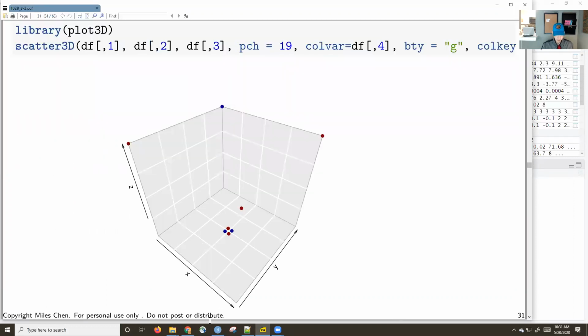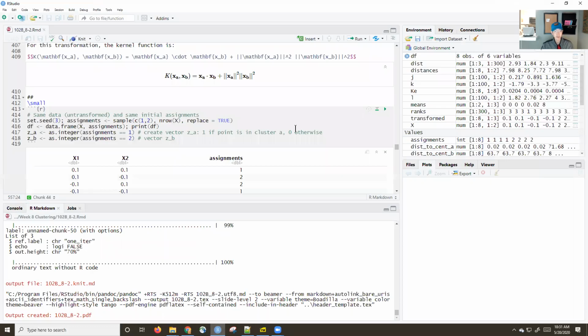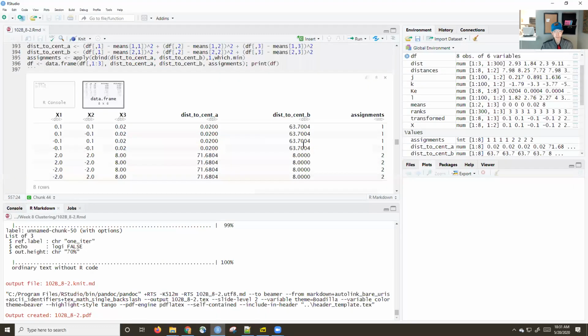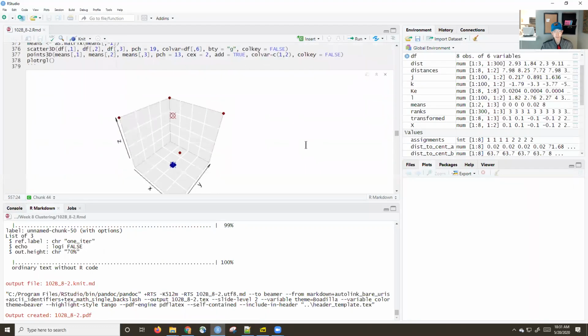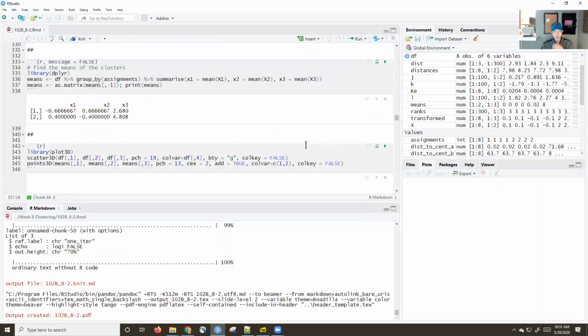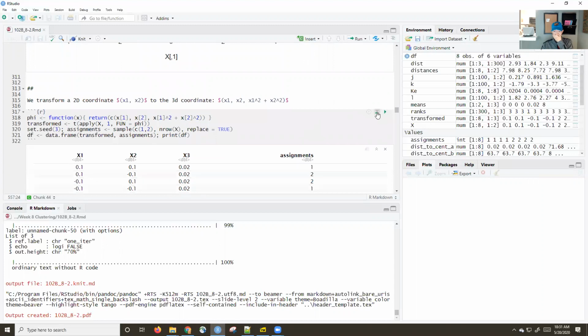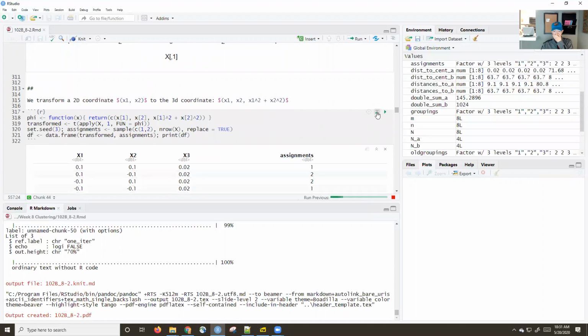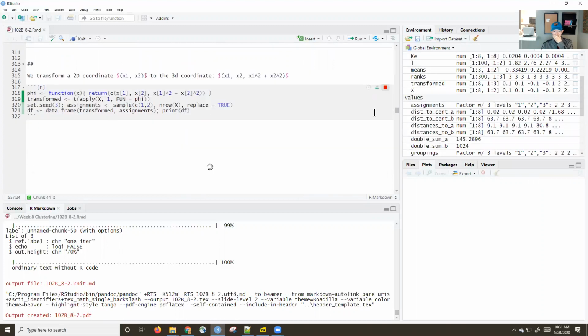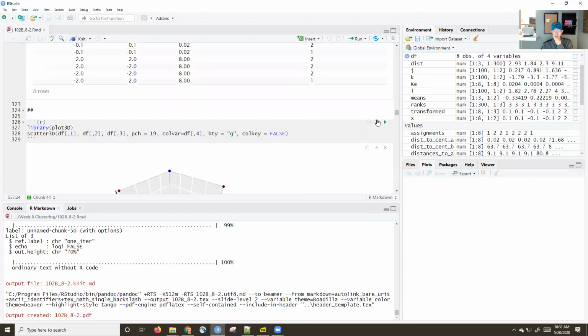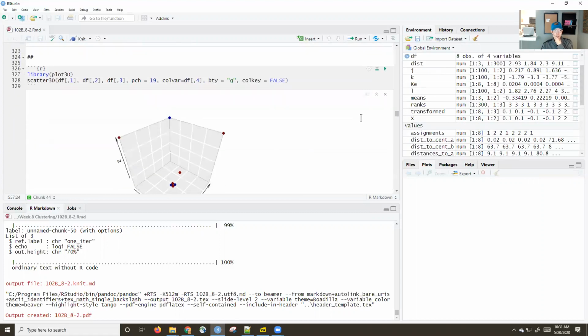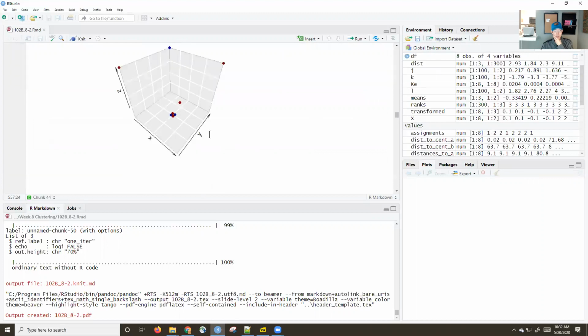All right, and so I think I actually have a visual here. How do I do this? Okay, all right, so let me, does that work?